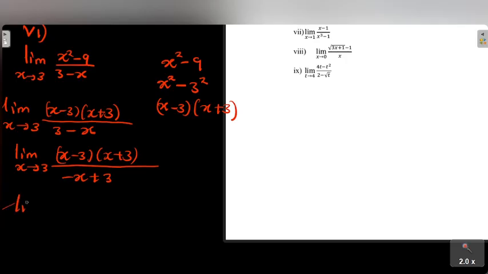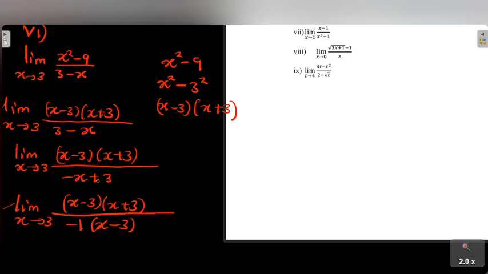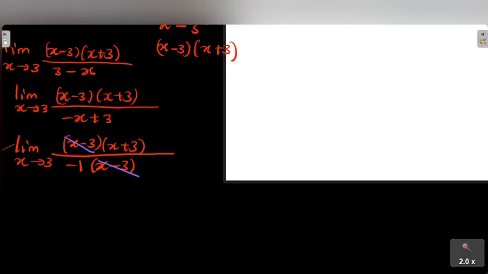So now we have the limit as x approaches 3. Then on top we have x minus 3 and also x plus 3 there. So down now we'll factor out a negative 1, so that now we have positive x minus 3. I'm sure now you can see that x minus 3 and x minus 3 can now cancel.